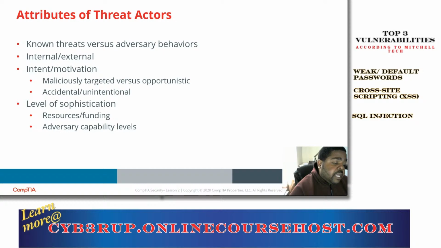It could be I'm an internal person that turned rogue, and now I'm going to expose the company for the truth that needs to be shown to the public. So it can be a number of things on why threat actors are actually in it to pose a threat to your data.